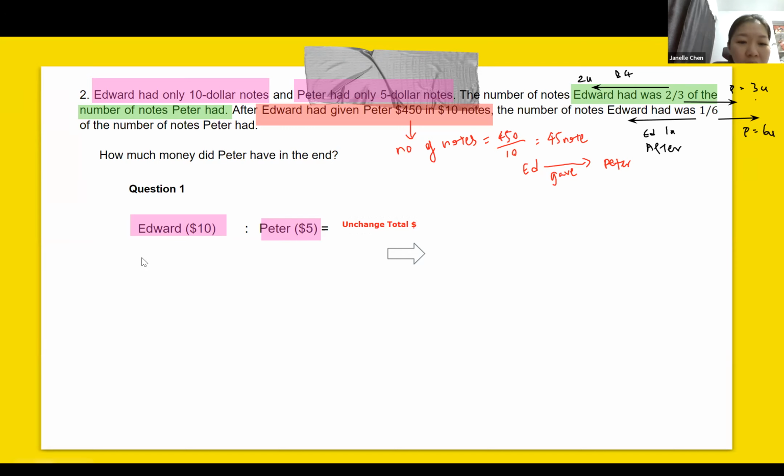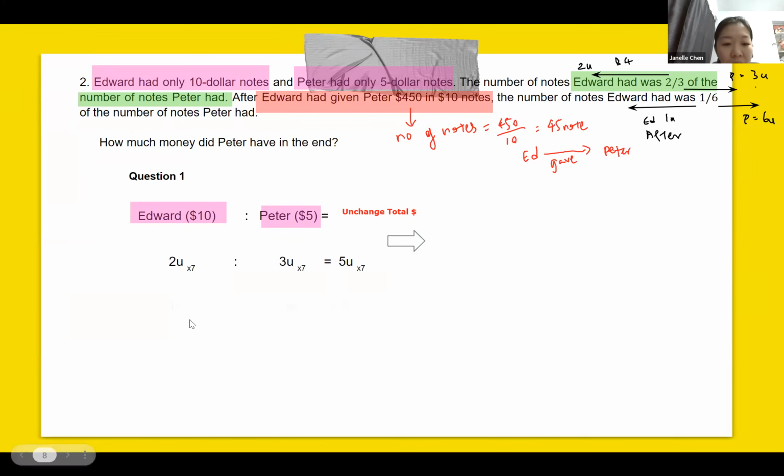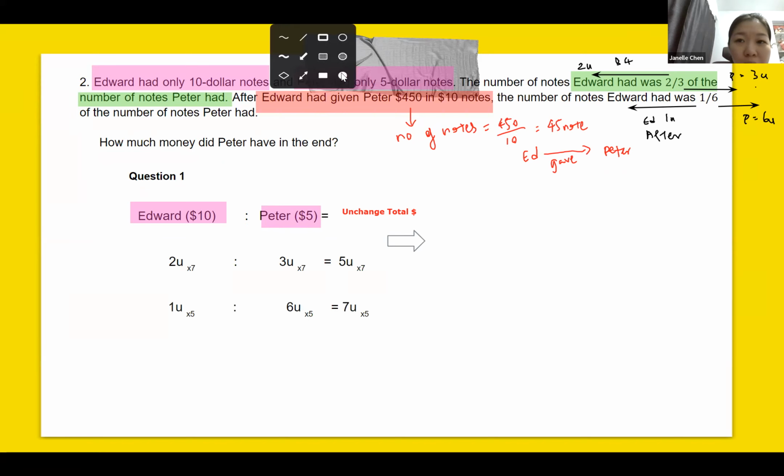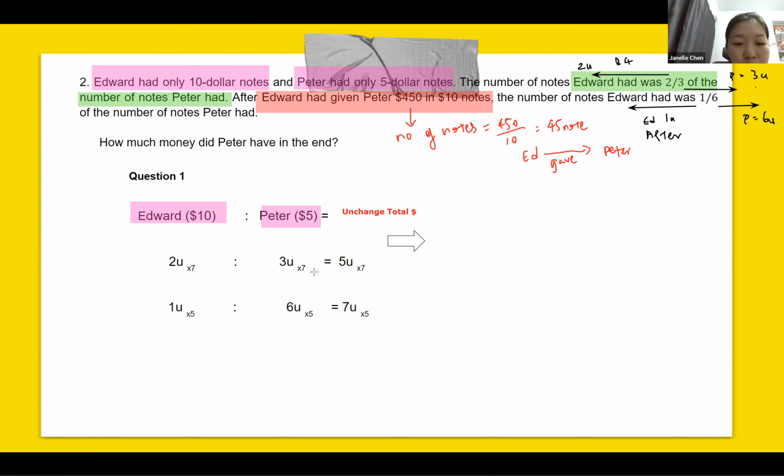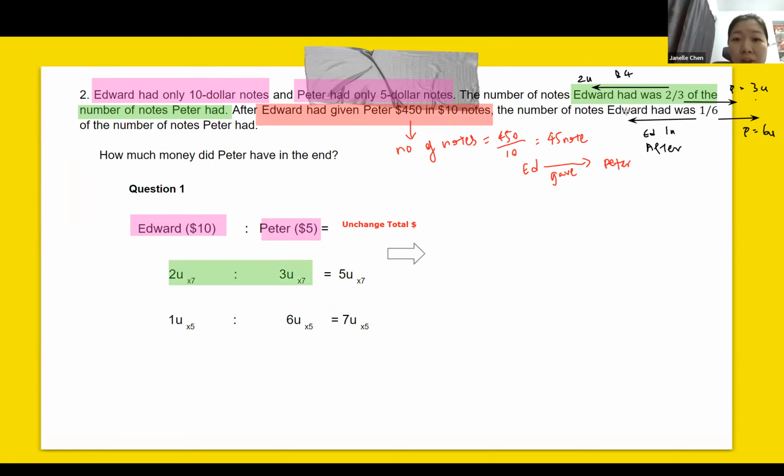Then going down, the next part here, we have our two ratios. The first ratio in green is 2 units to 3 units. And then the second ratio in yellow is 1 unit to 6 units.